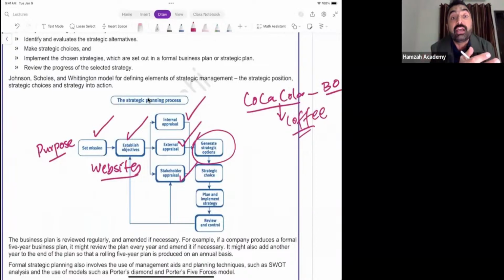And by the way, Coca-Cola has changed its mission as well, because its previous mission was only focused on the carbonated drinks, but now it has broadened its mission. You can see on the website of Coca-Cola, now it's a drink company, not just carbonated drink company. It is a drink company, so it has broadened its mission statement.